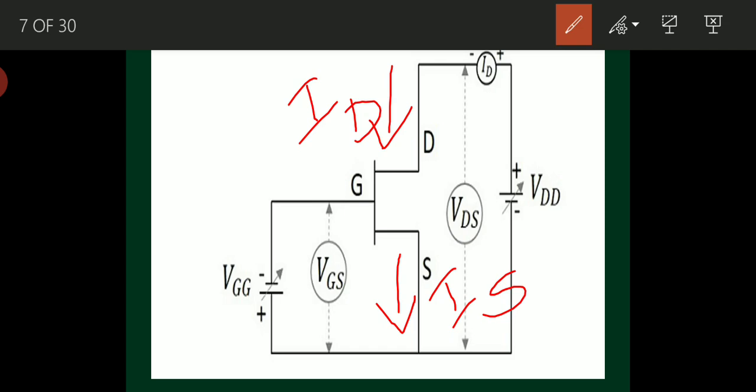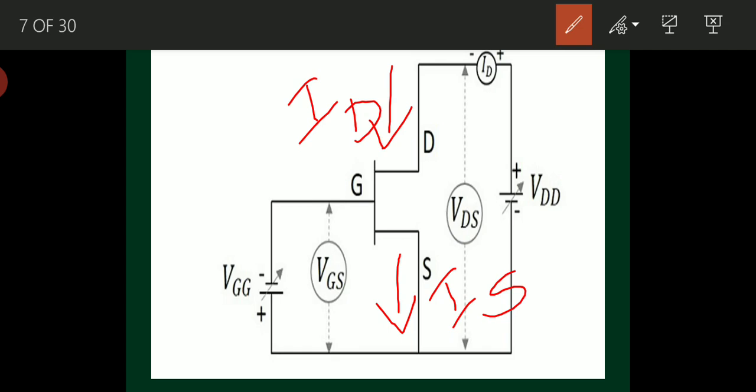Keep in mind that ID nearly equals IS, and IG equals 0. ID equals IS. This is the important relation.